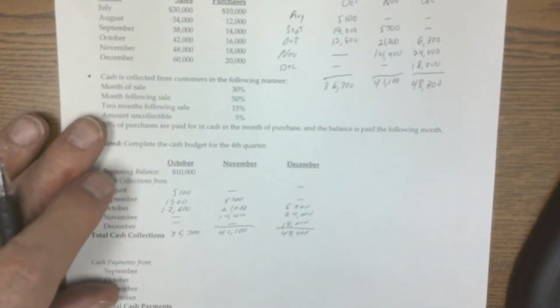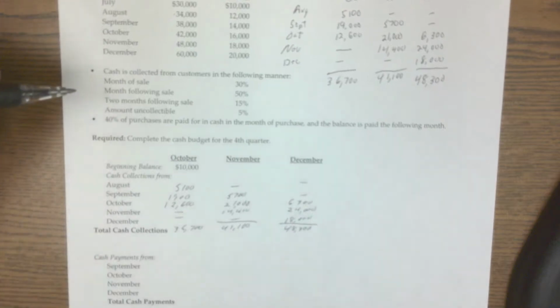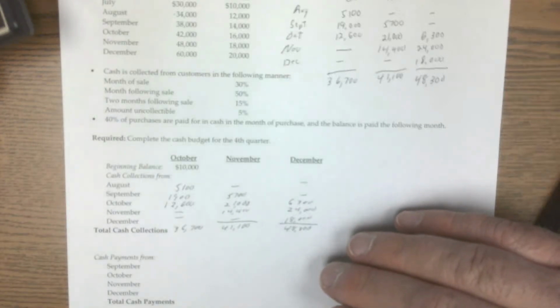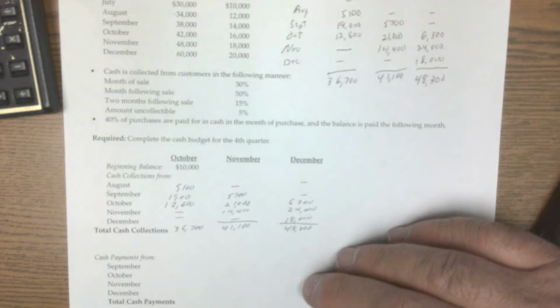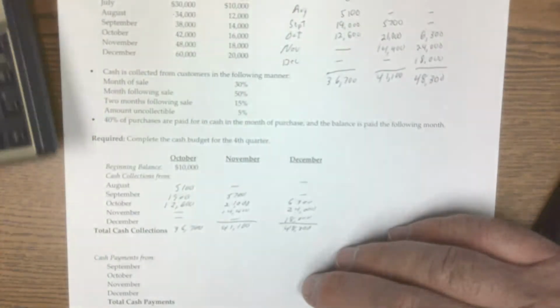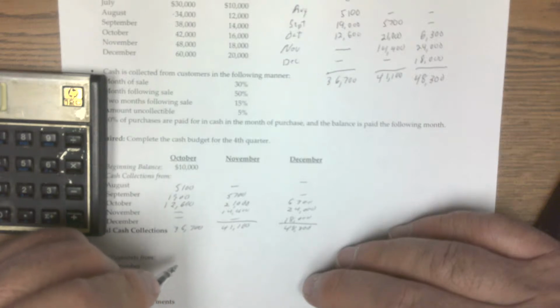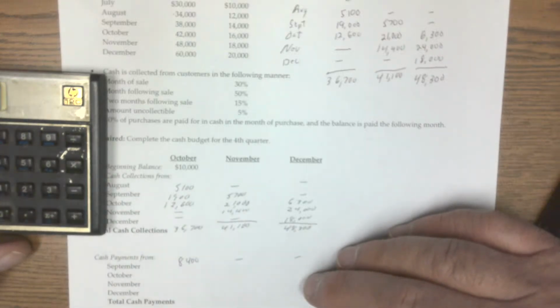So now we need to do the purchases. Okay, so 40% are paid in the month of purchase, and 60%, the rest, is paid the following month. So from September, 14,000 times 60% is 8,400, and we're done.